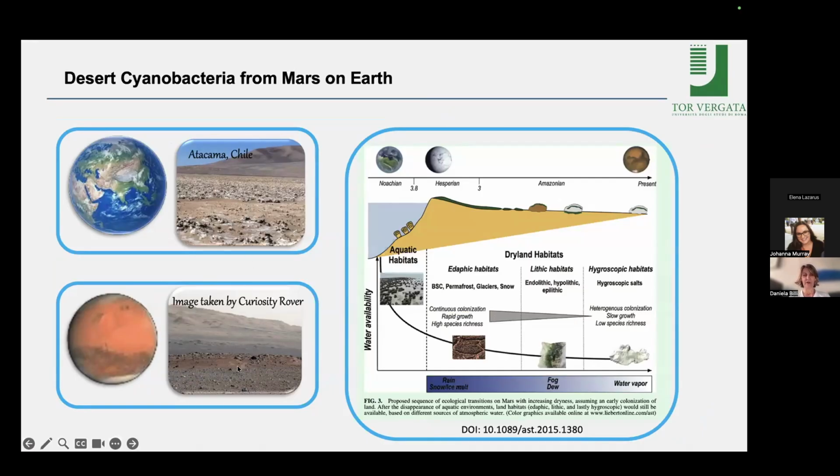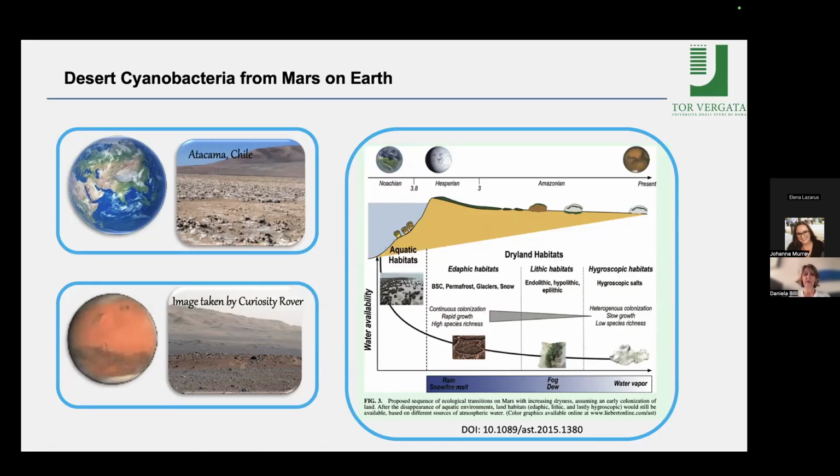You cannot say where you are. And so desert cyanobacteria, the desert environment and the life forms there are considered to give us an insight into what could have happened on Mars when the conditions of habitability on the surface disappeared.